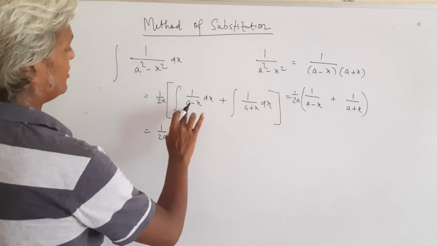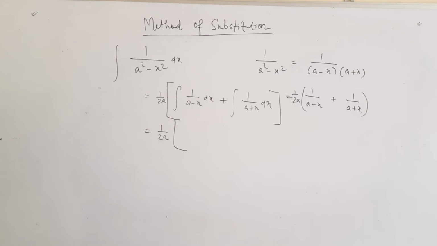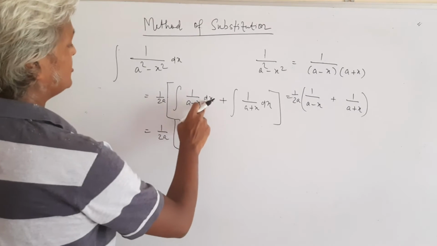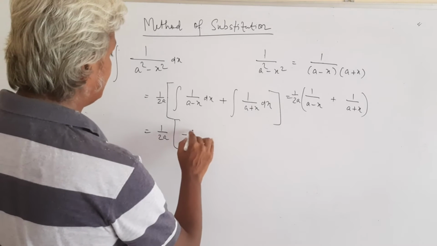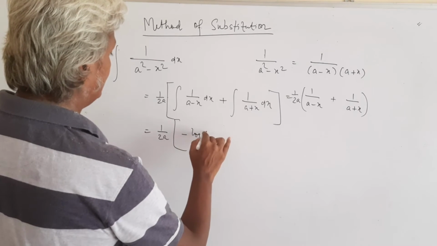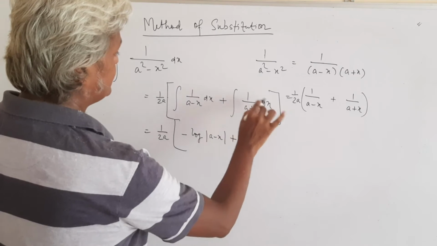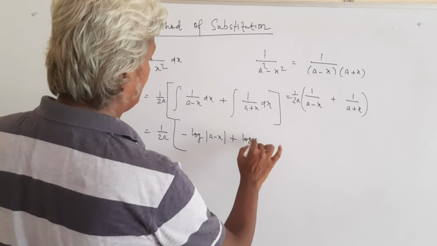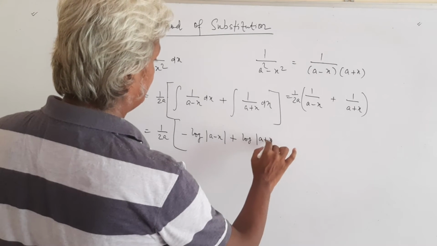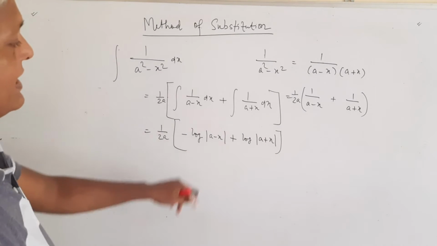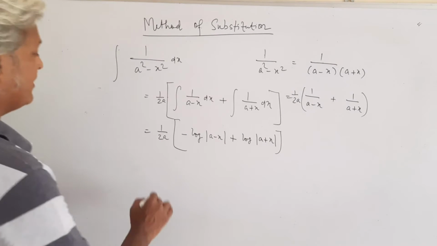Now what is the integration of 1 over a minus x? That will be the log times this, and the differentiation of this one is minus 1. So you have minus log mod a minus x plus the integration of this, which is log mod a plus x. Now you know that log m minus log n can be written as log m over n.